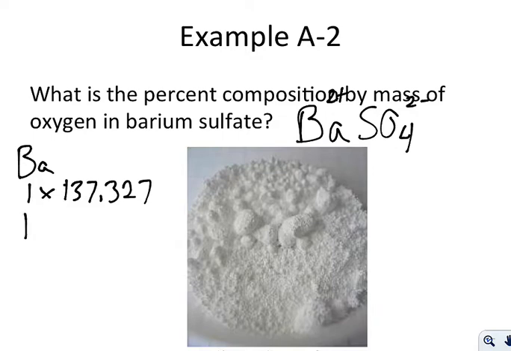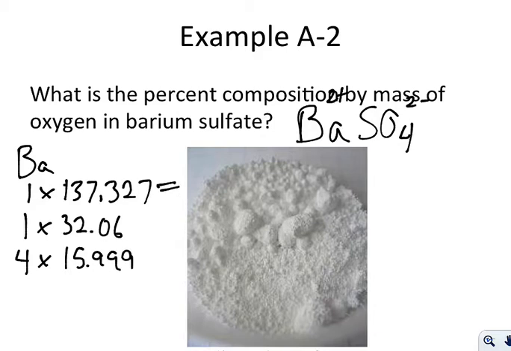We have 1 sulfur at 32.06. And we have 4 oxygens at 15.999. We can multiply those out, and when you do that, you get 137.327, 32.06, and 63.996.